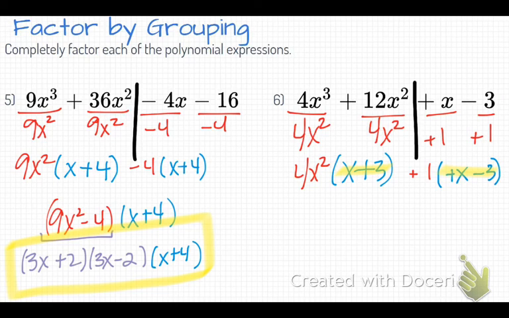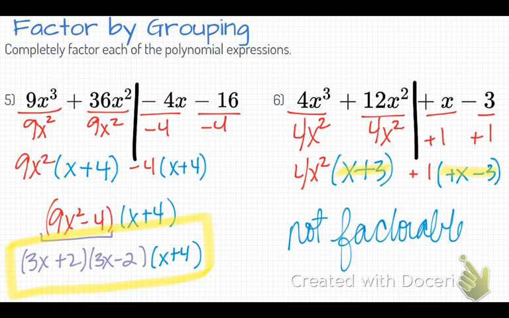So this is not factorable. So we're going to write not factorable. I don't want you to write no solution because there could be one using a method that we don't know how to use. But on these factor problems, I prefer that you write not factorable, okay?